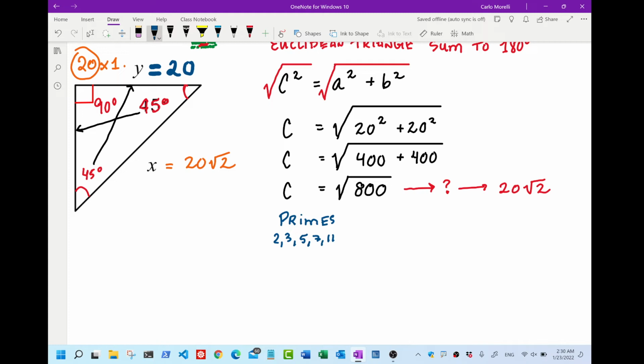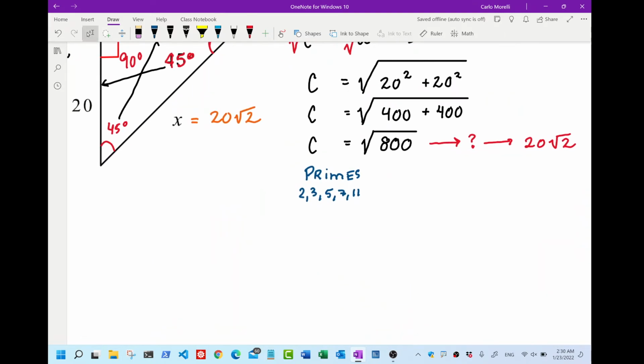But primes are any number that can only be divided by themselves and 1. And the only even prime number is 2. 1 is not a prime number, but it doesn't matter if you forget that because it is kind of irrelevant for these problems.